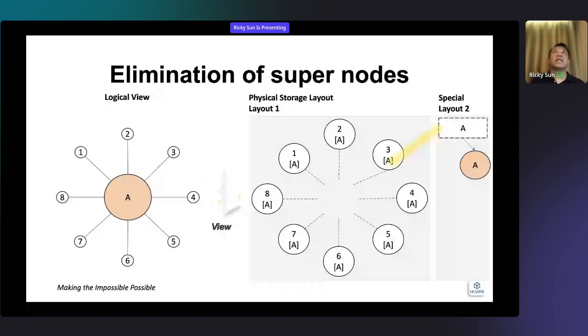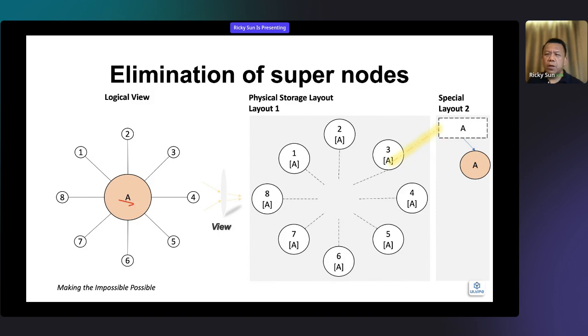Now, this is the second case, that elimination of supernode. The tricky part is that this is the logical view, right? Supernode A connecting with many other vertices.